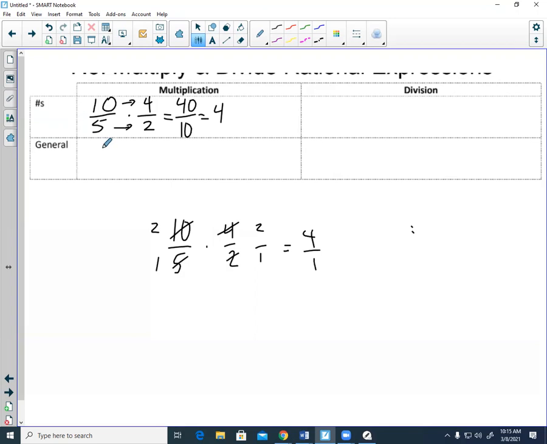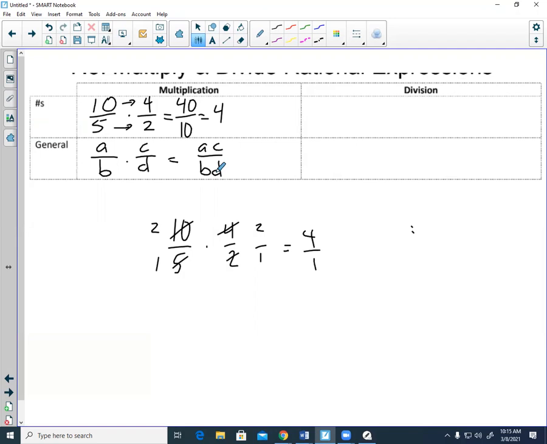If we're talking about general form, general form is when we have a over b and c over d, just general fractions. I multiply a times c, and I multiply b times d, but there is a really, really important thing when you introduce general stuff. There were absolutely no issues with my original example, because it was just concrete numbers.